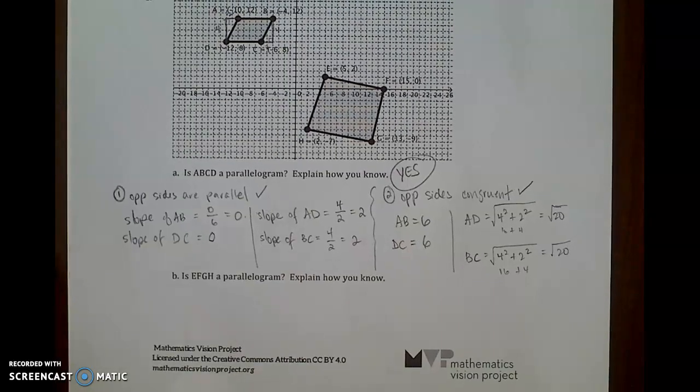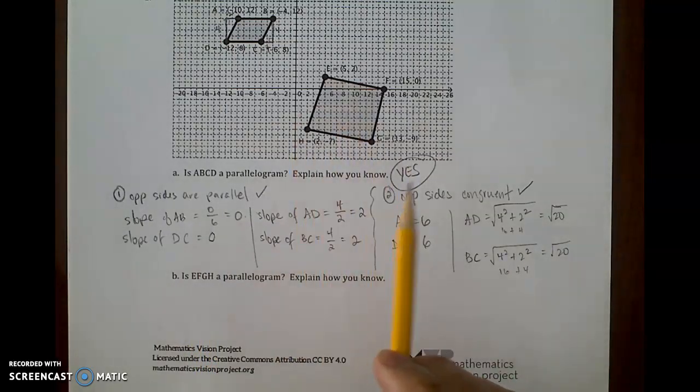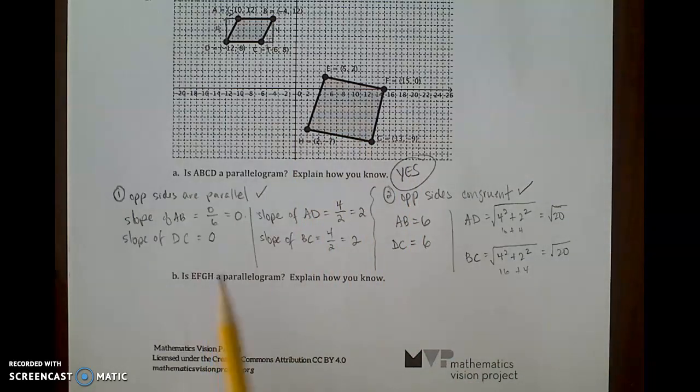Okay, so now we need to look at EFGH. So this other figure, we need to see, is it a parallelogram? If we're going to prove this to be a parallelogram, we need to do the same thing that we did with the first part: we need to see, are the opposite sides parallel and are the opposite sides congruent?